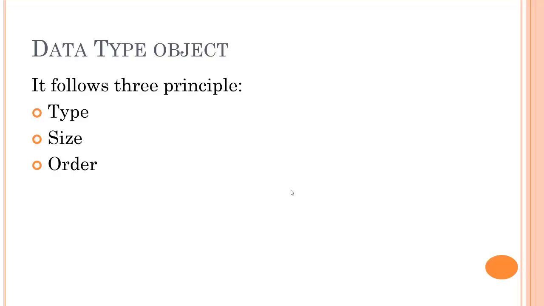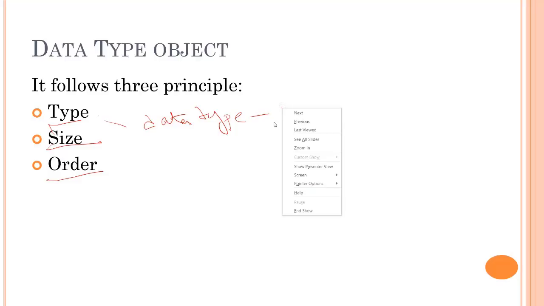Before we move to the other data types, we should know that whatever data types we use follow three principles. Those three principles are type, size, and order. It depends upon the data type, which type the data should be, and those we already discussed: integer, boolean, or characters.